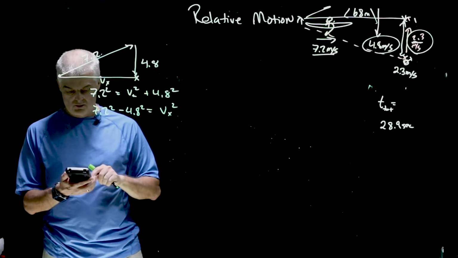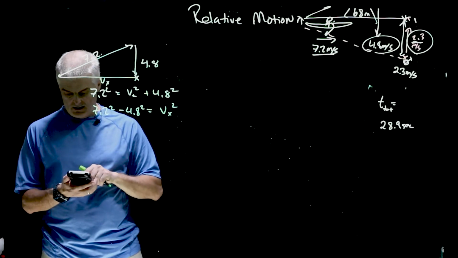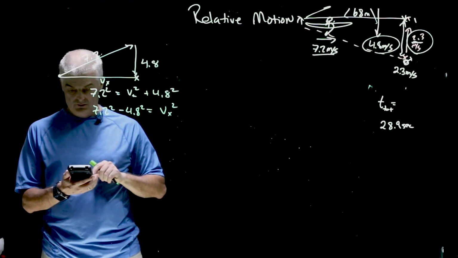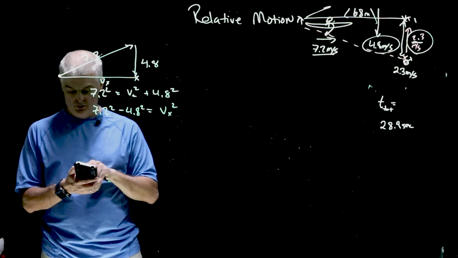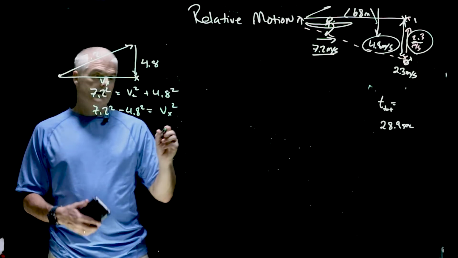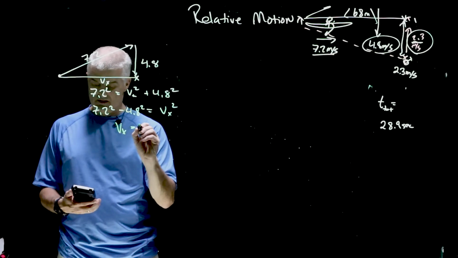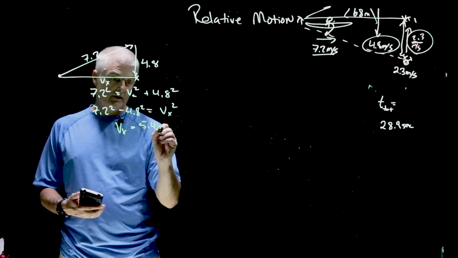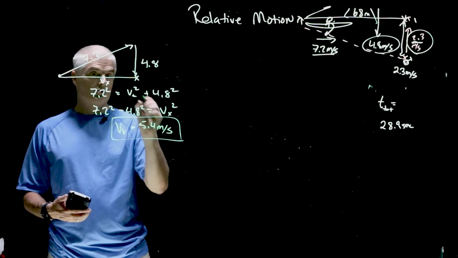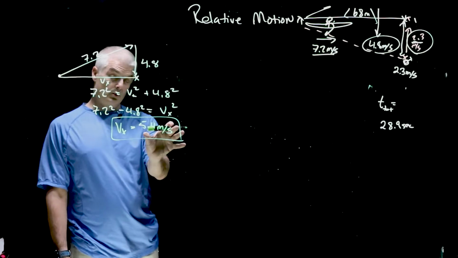I take the square root of that answer, and I get Vx to be 5.4 meters per second. So he will be traveling in the x direction at 5.4 meters per second.